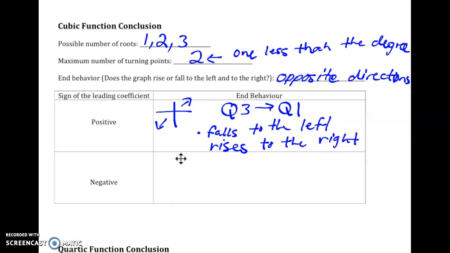And the negative is the opposite of that. That one starts in the second quadrant, ends in the fourth quadrant. So it goes from Q2 to Q4, and it rises to the left and falls to the right.